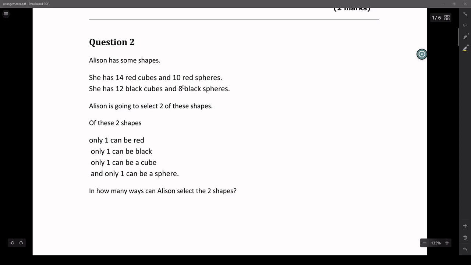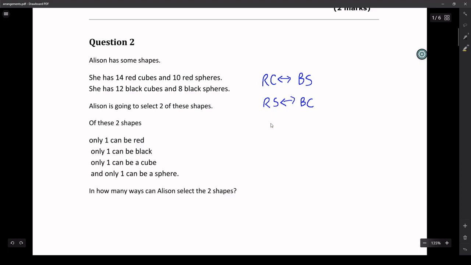Okay, question 2. Alison, if she selects a red cube first, then she has to select a black sphere second, and if she selects a red sphere first, she has to select a black cube second, and the reverse of this would also be true.